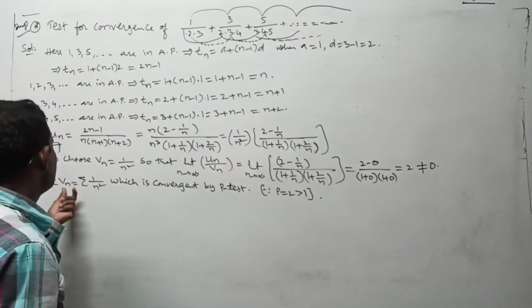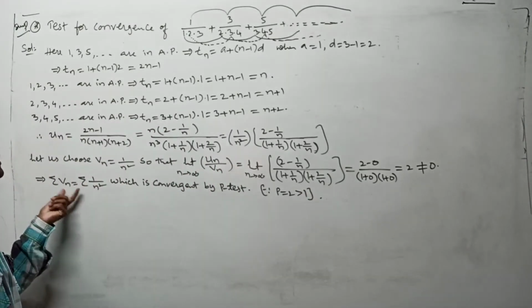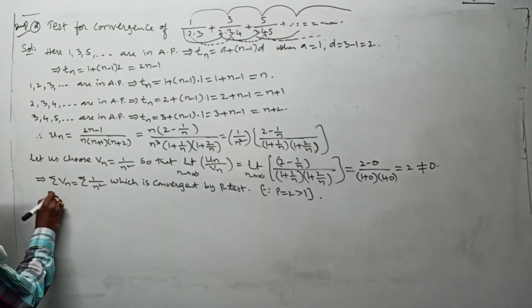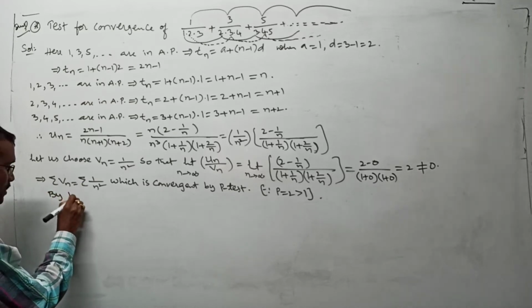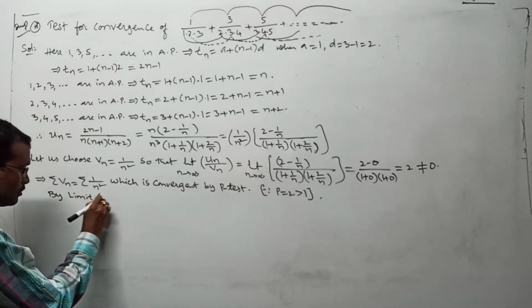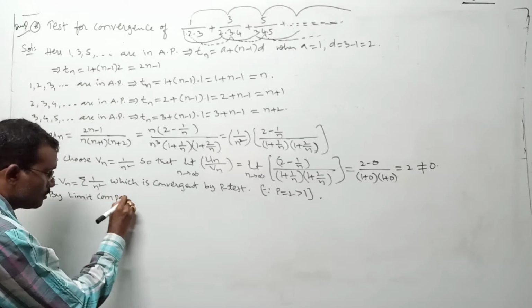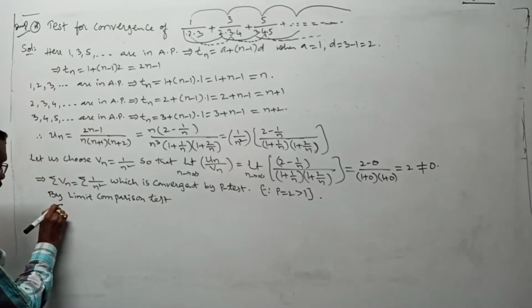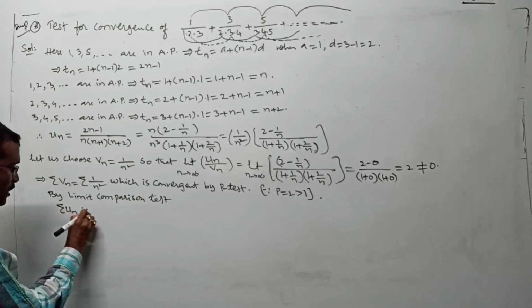Now we got sigma Vn is convergent. Then by the limit comparison test, sigma un is also convergent or not? By the limit comparison test, sigma un is convergent.